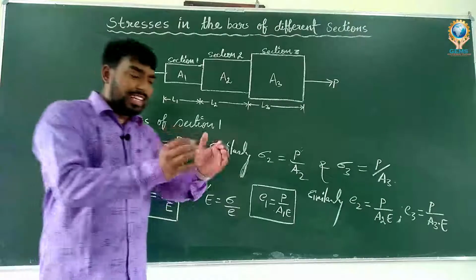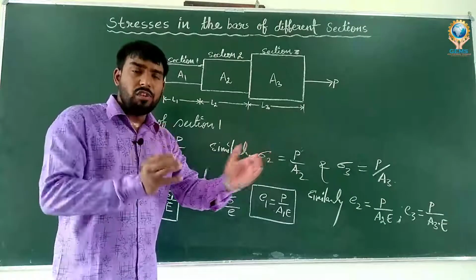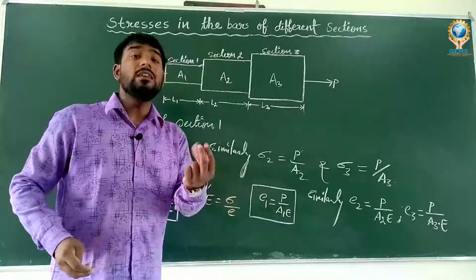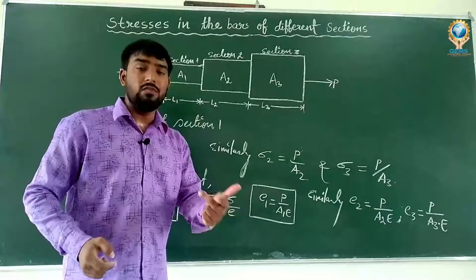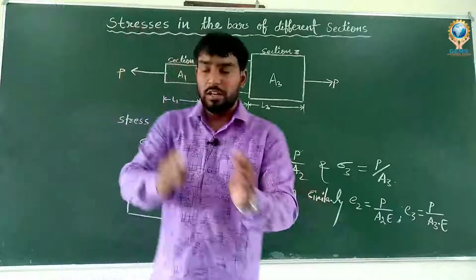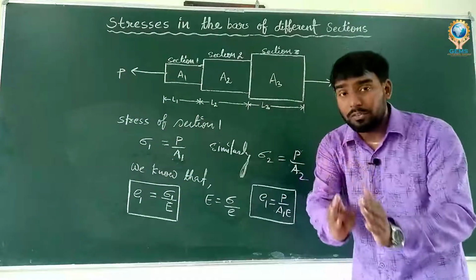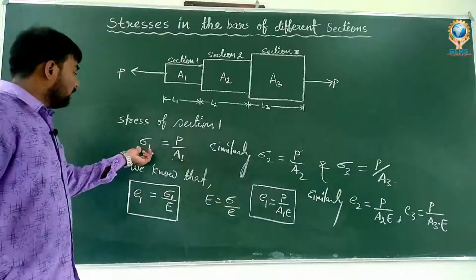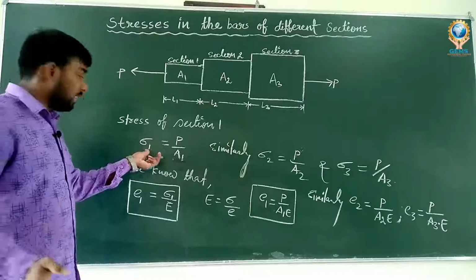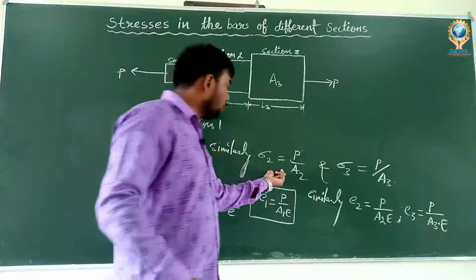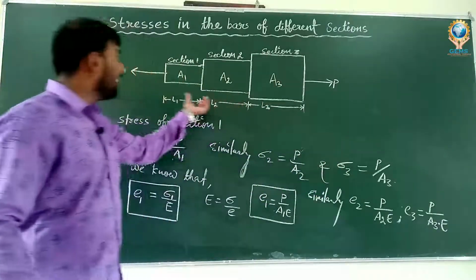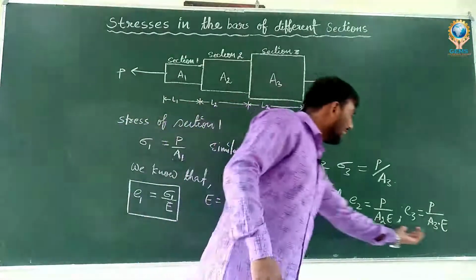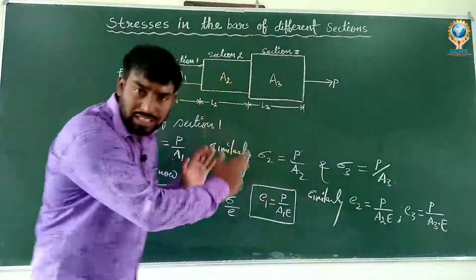Before, we had only one section, so we found only one strain, one stress. But now we have different sections, and each section will have different stress and strain values. That's why we are finding them. So we have found the different values of stress 1, stress 2, and stress 3 for all three sections, and strain 1, strain 2, and strain 3 for all three sections.